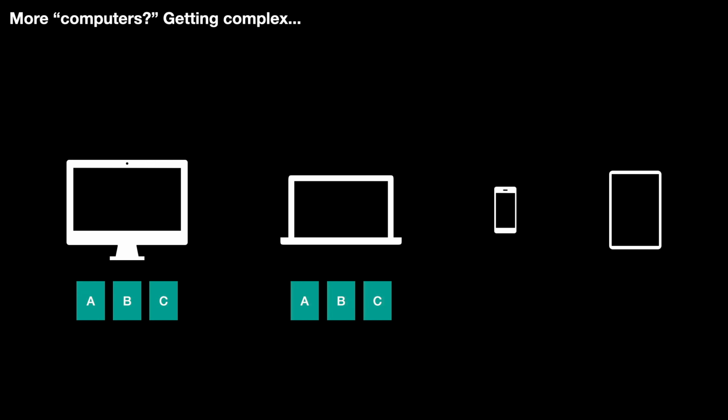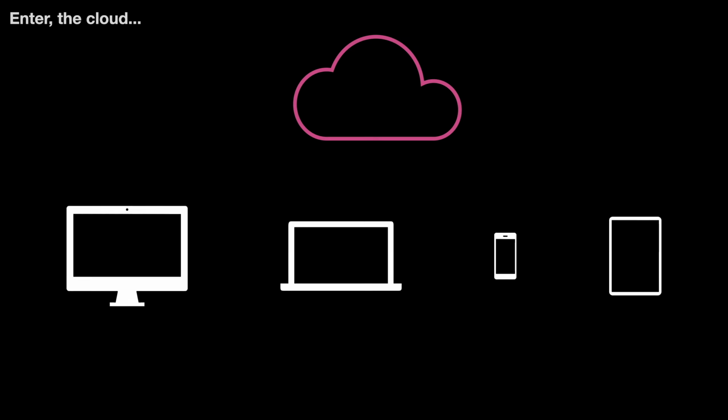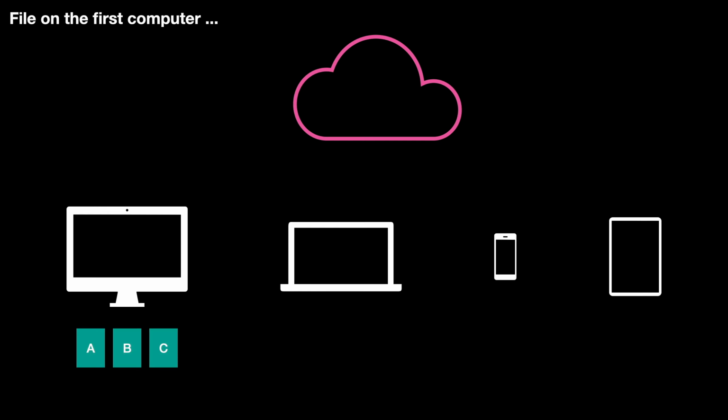And then you add more devices. So say you've got a phone and an iPad. How do you keep these all in sync? So enter the cloud. What happens here with cloud services like iCloud is you've got files A, B, and C on your iMac.